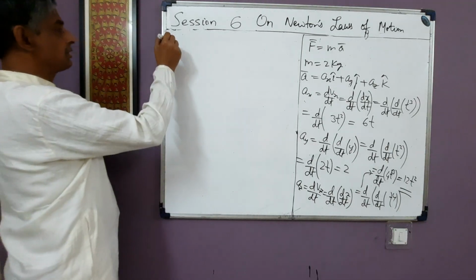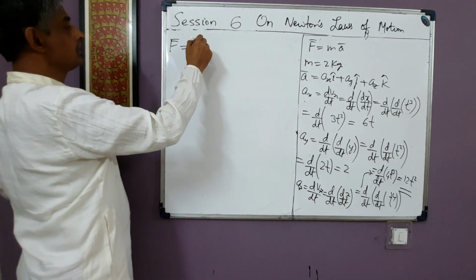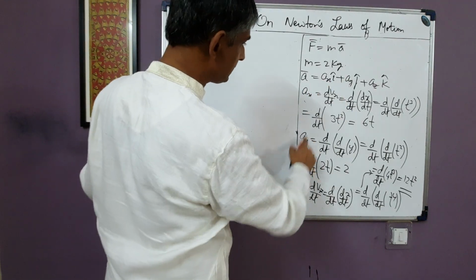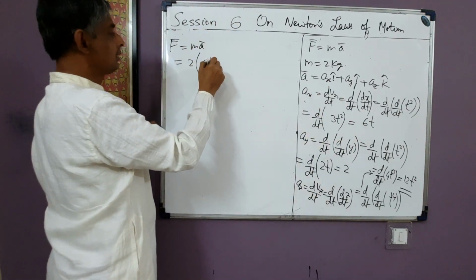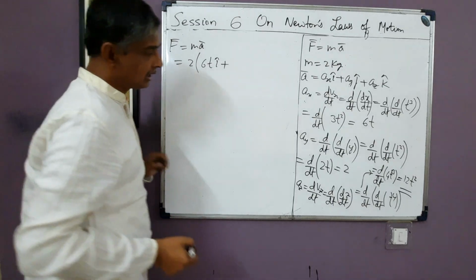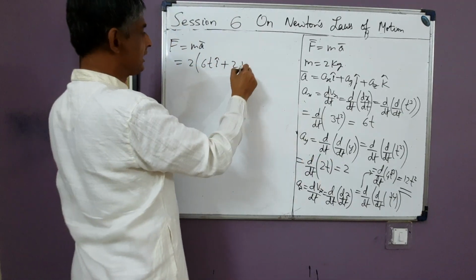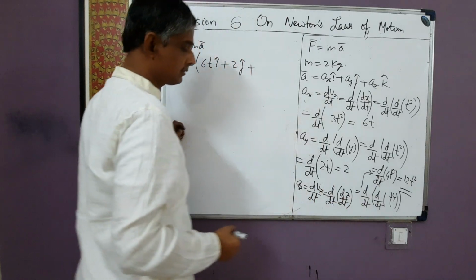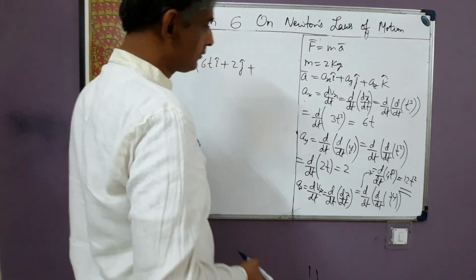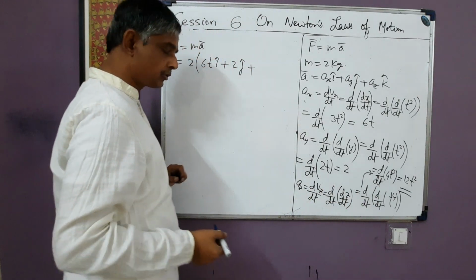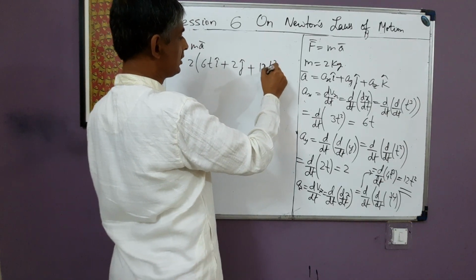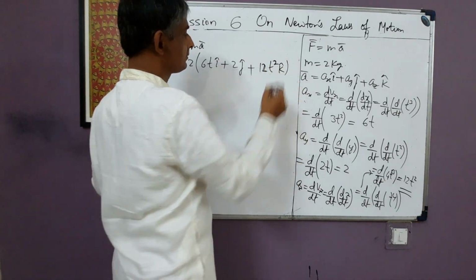So net force on the particle in vector notation becomes F equal to mA. m is 2. Vector A I write is this. Ax I write this one, 6t i hat. Ay becomes how much? 2, so 2 j hat. And Az becomes 12t square k hat.